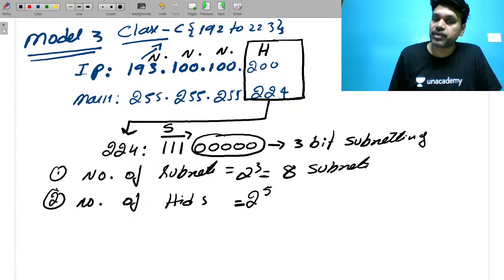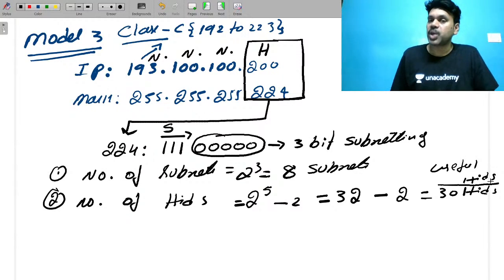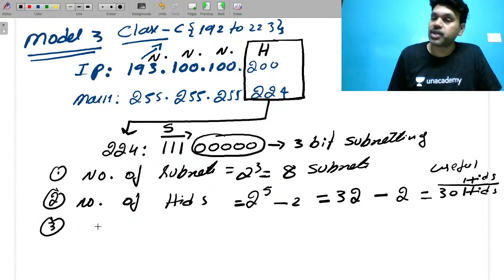So 2 power 5 minus 2, where 32 is your block range, minus 2. That means only 30 HIDs are useful. Now the third question is crucial. What is the subnet ID?